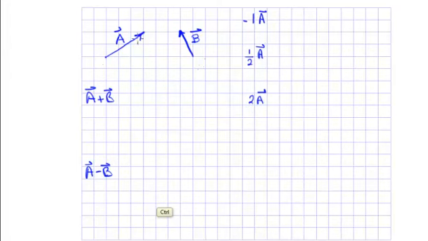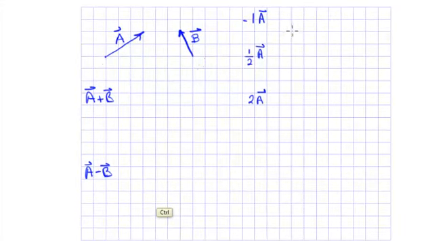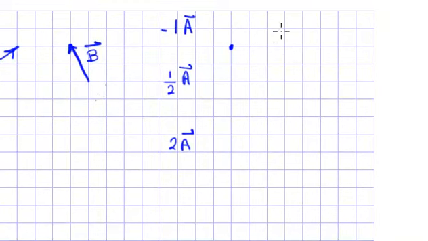Minus A is the vector that is anti-parallel to A. I can see this vector goes over 3 and up 2, but instead of drawing the vector from here to here, I draw it in the opposite direction. That is minus A.